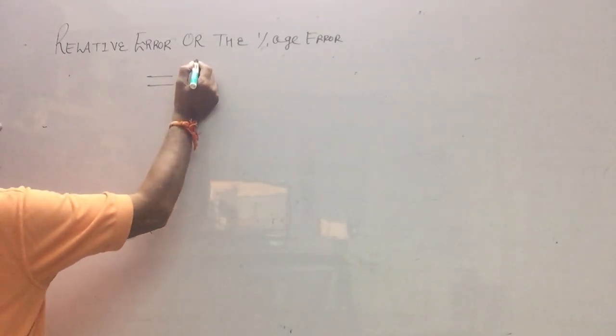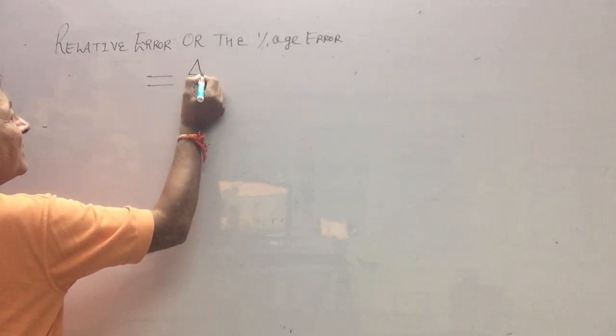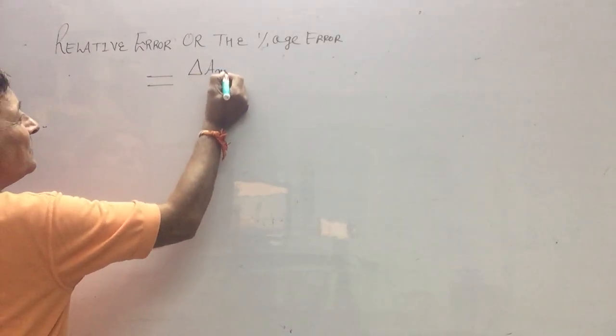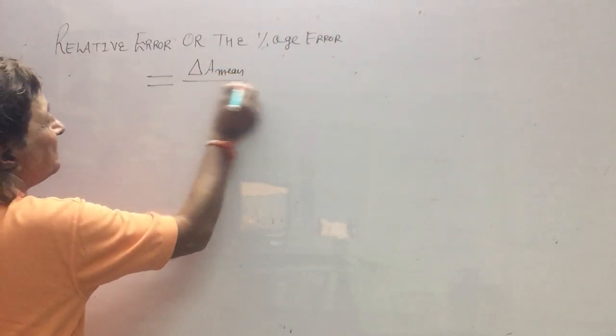What is mean absolute error? Right now I have calculated delta A mean, divided by AM.